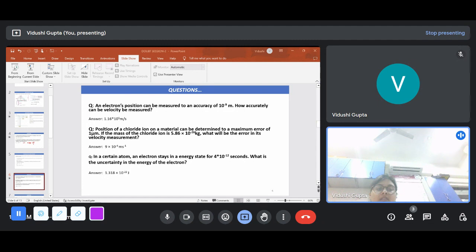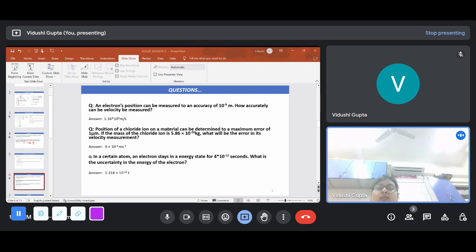So by solving this, we can calculate the value of uncertainty in position for the bowling ball. And by solving, the answer will be 0.71756 into 10 raised to minus 31 meter. So these all were the questions for the Heisenberg uncertainty principle.